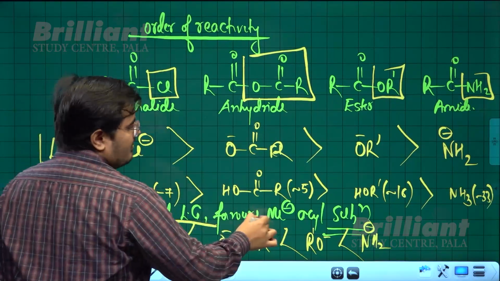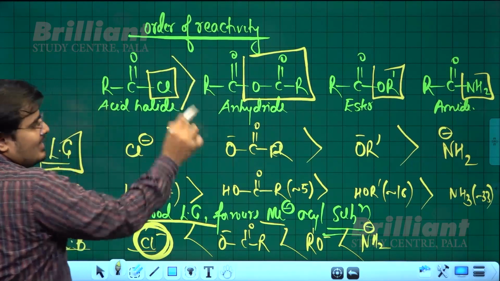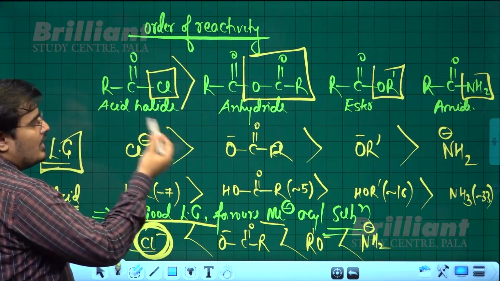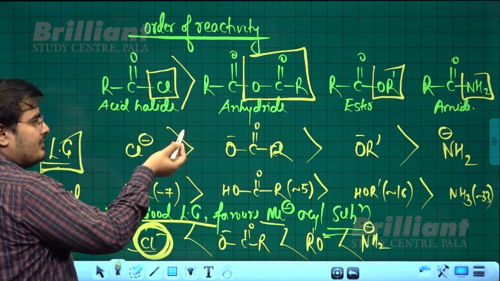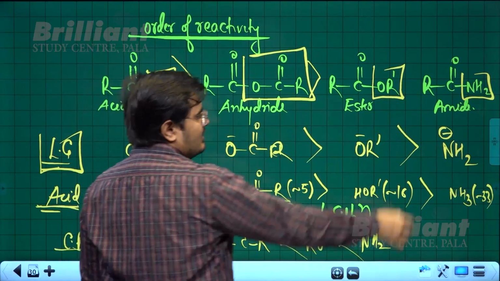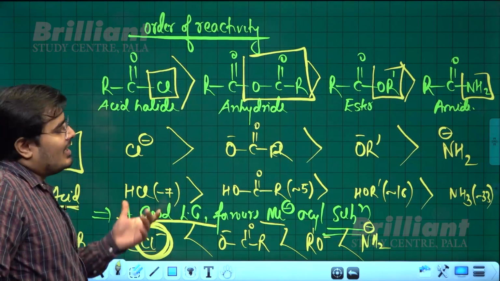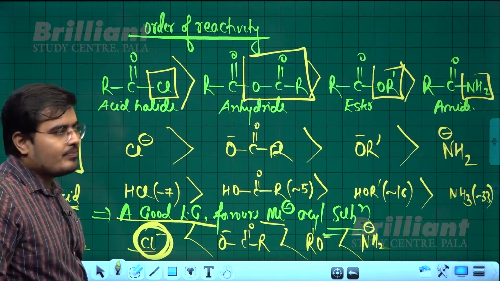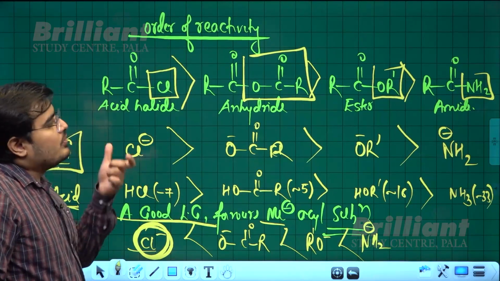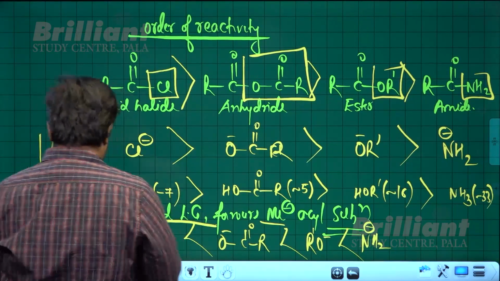Better the leaving group, faster the nucleophilic acyl substitution. So you can say acid halides are more reactive than anhydrides, which are more reactive than esters, which are more reactive than amides towards nucleophilic acyl substitution. This is one way to look at these substrates with respect to the leaving group tendency.